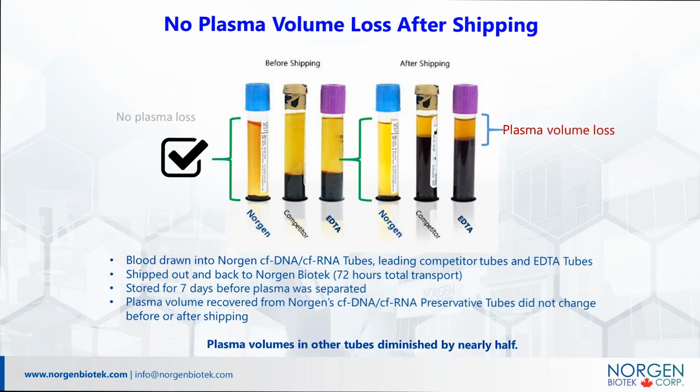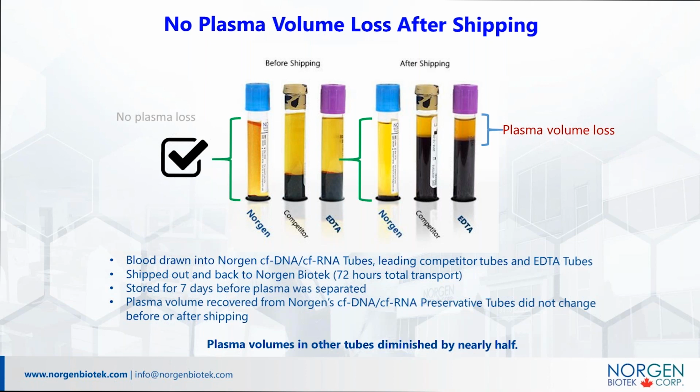The reason why we are not losing any volumes is because the chemistry of this preservative depends on the instant pelleting of the red blood cells and white blood cells once the blood is in complete contact or mixed perfectly with the preservative.